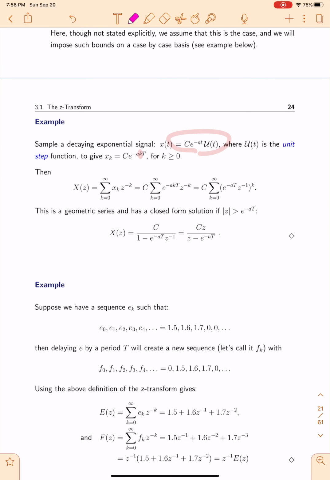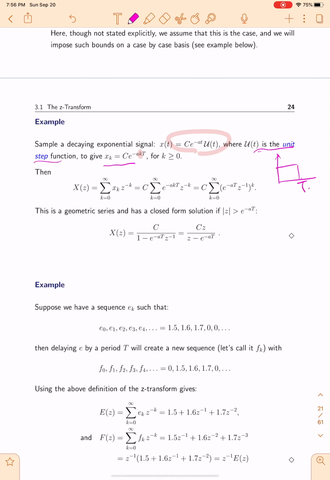A decaying exponential signal, where u(t) is a unit step function, to give x_k equals this. Okay?